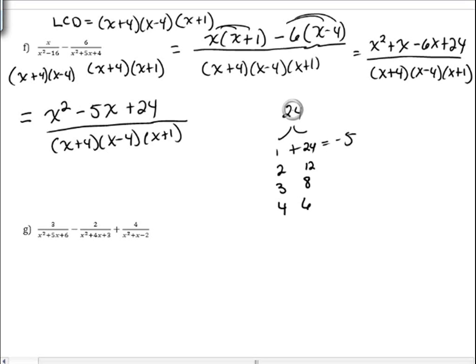We want positive 24 when we multiply them, so these would both have to be negative, and 1 and 24 is 25, 2 and 12 is 14, 3 and 8 is 11, and 4 and 6 is 10. So none of them will give us 5, and so this won't factor any further.